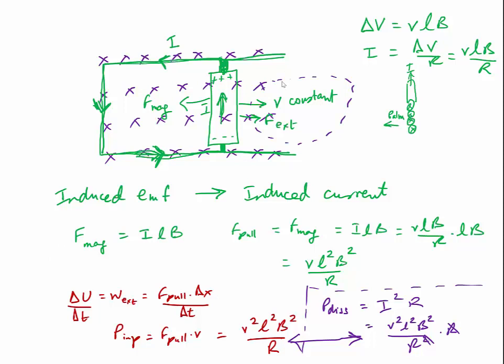So we're exchanging one form of energy for another, and the rate of creation of energy by creating the current using our external work equals the rate at which we dissipate energy from that current flowing through a resistance. So total energy is conserved, and there's no real magic here. It's just being clever about using one form of energy to get another form of energy that we are after.